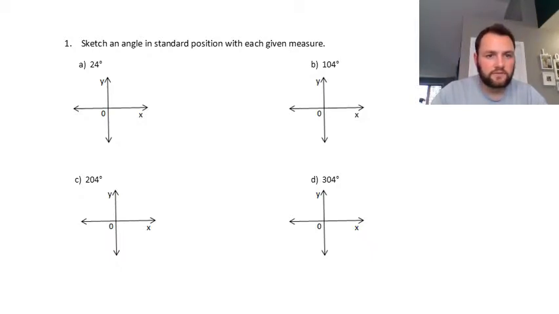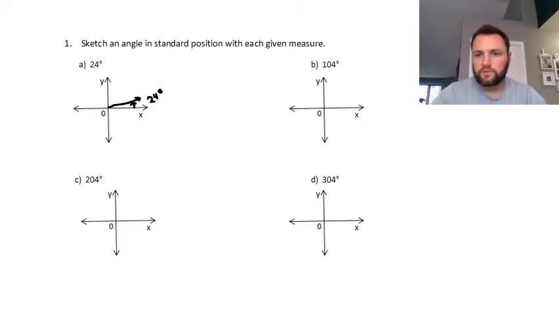So half of 90, which would be about right here, would be 45 degrees, and I know I'm about half of that. So I am going to draw roughly a 24-degree angle. And then I always want to show that I'm going from the x-axis to that angle, so I draw a little arc with an arrow pointing to that. So that would be 24 degrees.